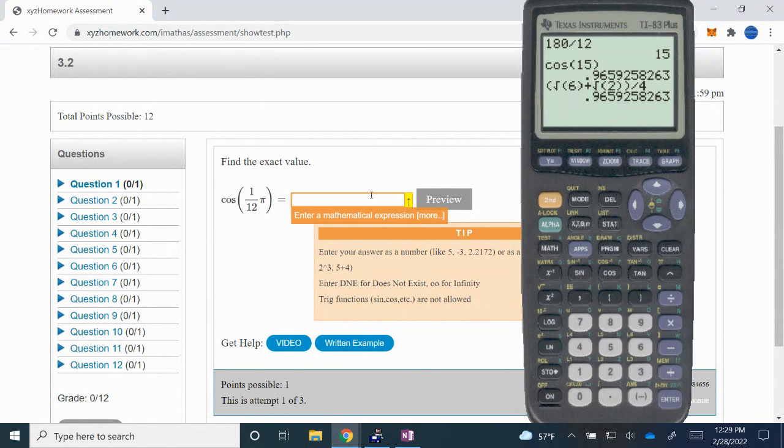Another thing: you want to be careful putting these things in. Notice in the calculator I used a set of parentheses for the numerator, and you want to do the same thing when you're putting in your answers.